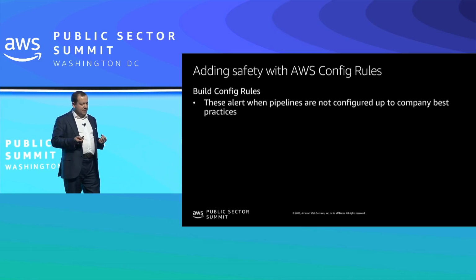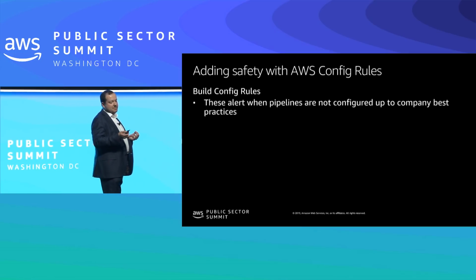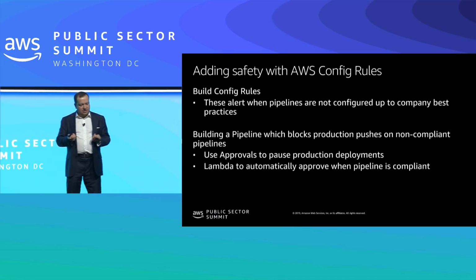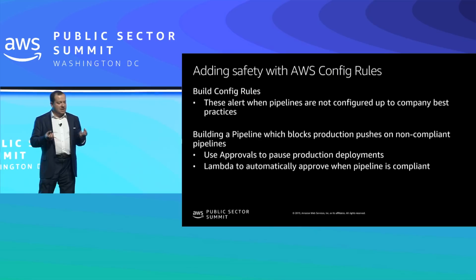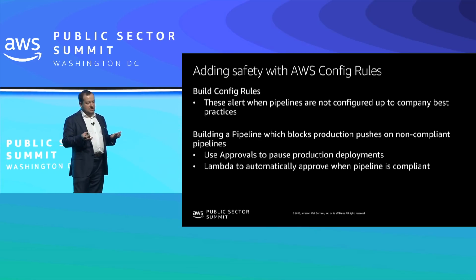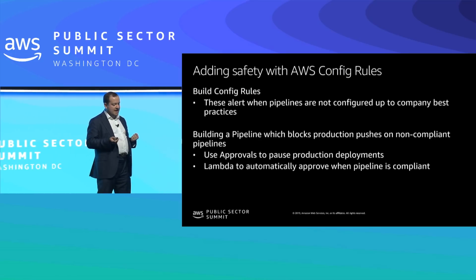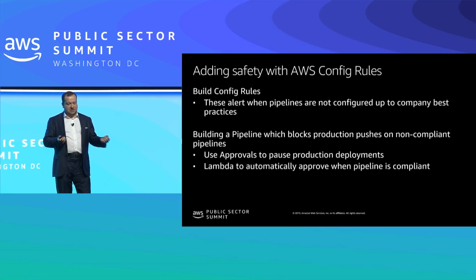You can build a config rule that alerts when your pipelines aren't configured to your best practices. The other thing you can do is build a pipeline which blocks pushes to production when your pipeline isn't compliant. You can use an approval process for that, and you can have a Lambda function that looks at the pipeline and figures out if the pipeline's compliant or not.